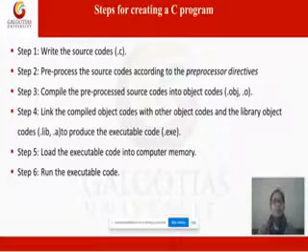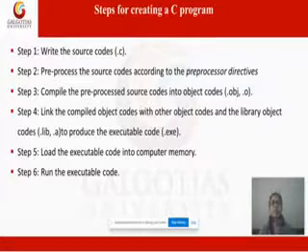Now you want to pre-process the source code according to the preprocessor directives. Preprocessor directives were the hash, right? What was happening here is we were trying to incorporate all the libraries that our source code is going to use. Then we compile these pre-processed source codes into object codes. Then we link the compiled object codes with other object codes and the library object codes to produce an executable .exe file.